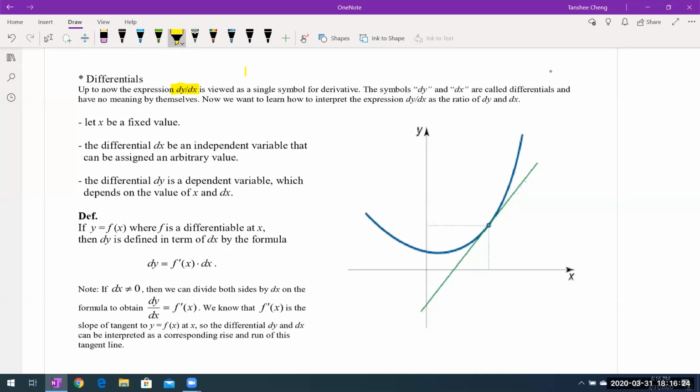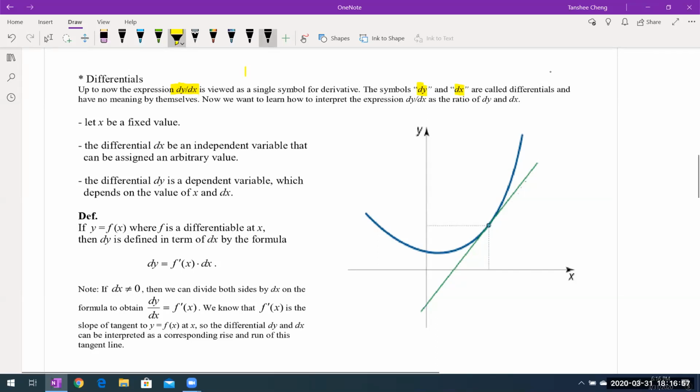In this section, we want to know what dy and dx alone mean. That's what we are interested in, okay? So we need to know how to interpret dy over dx as a ratio of dy and dx, which are two separate values, right? So that's what we are interested in on this definition.